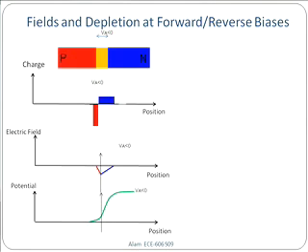Do you realize the electric field will also be smaller? The triangle has gone down, right? Because you're integrating a smaller area. So the electric field goes down when you forward bias the junction, and as a result, of course, the barrier also goes down.